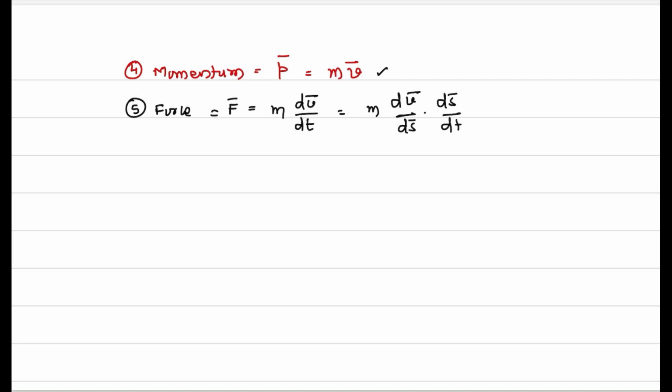Yes, we can write. This can be m into gradient into velocity. That means force is equal to m v dV by ds. This also please remember.